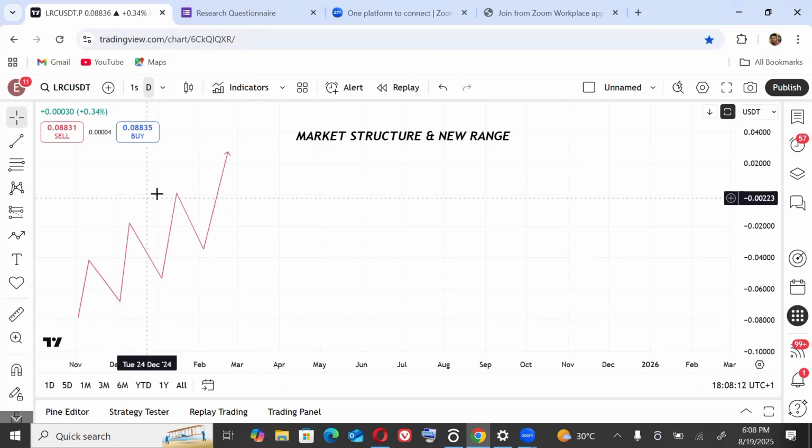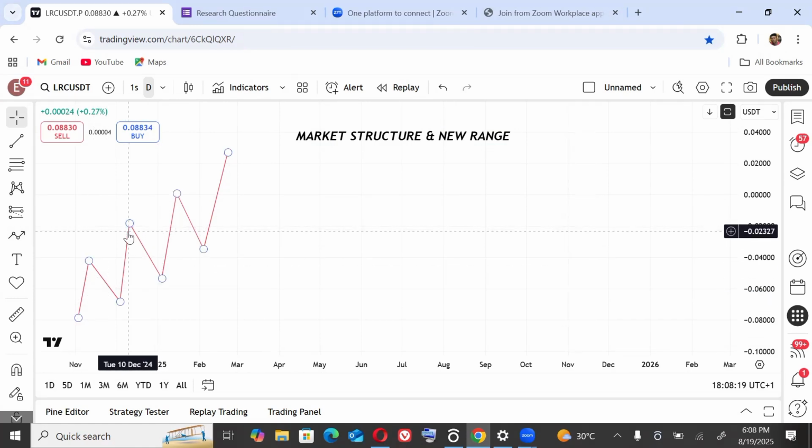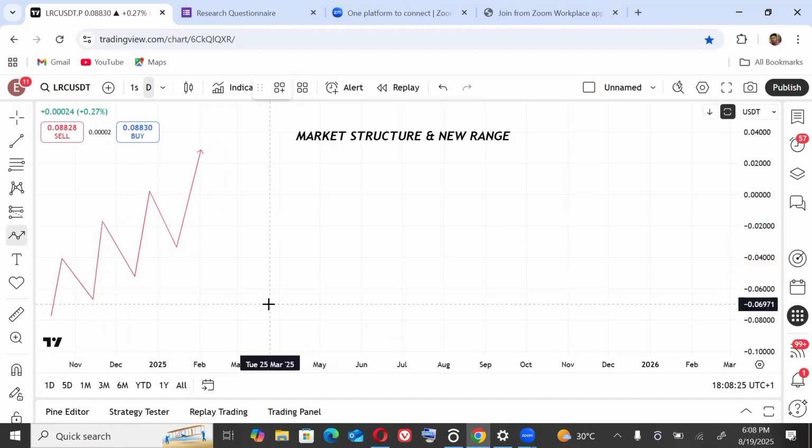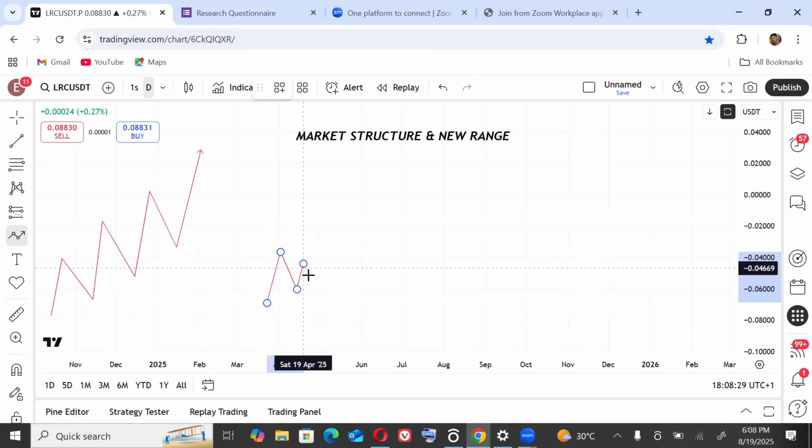It usually creates inducement, or what we call internal range liquidity. So I'm going to shift this aside so that we talk about the business of today. Now, this is how real market structure usually looks like.